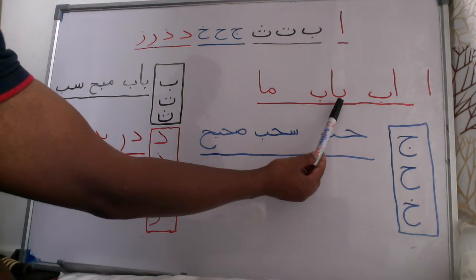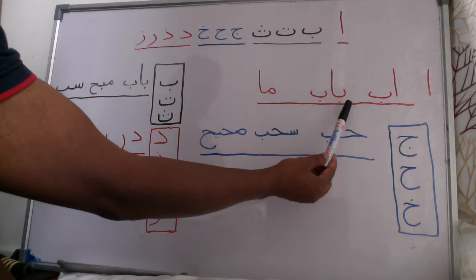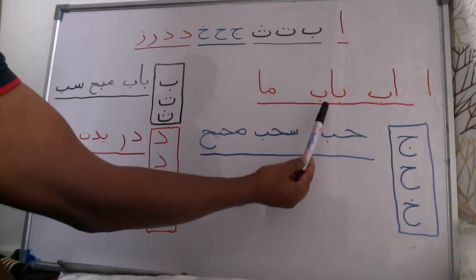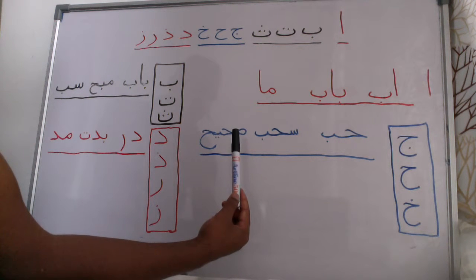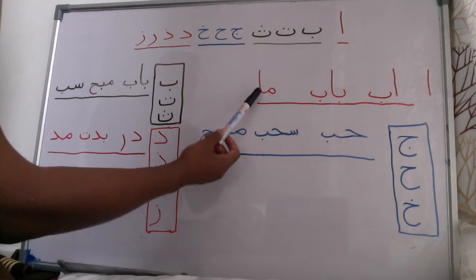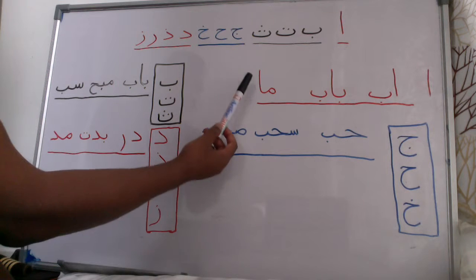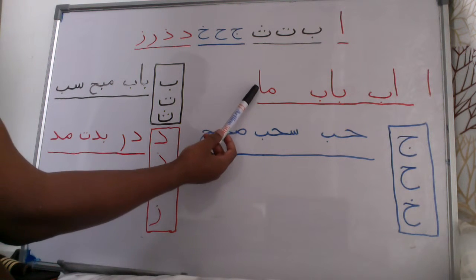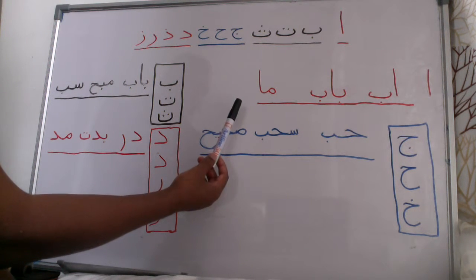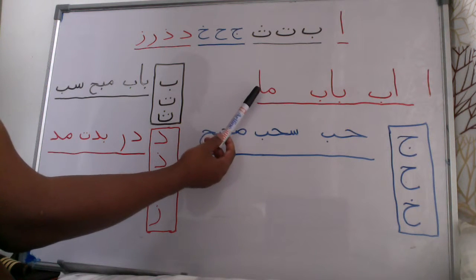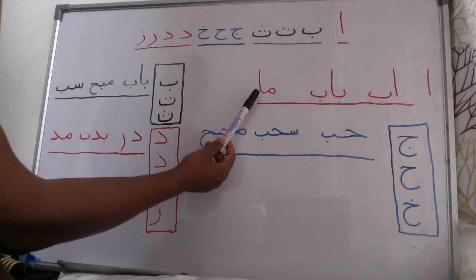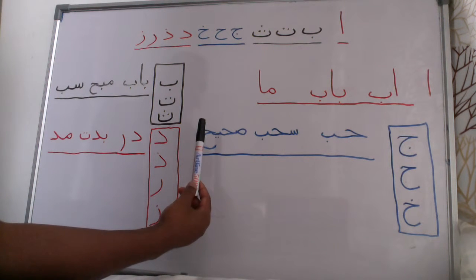So you have this ba here, and then this ba is connected to the alif, and then there's a separation because it's one of those six disconnected letters. And here is the alif. It comes back again, but as the last letter of the word. So alif can be connected to a letter preceding it, but not following it.